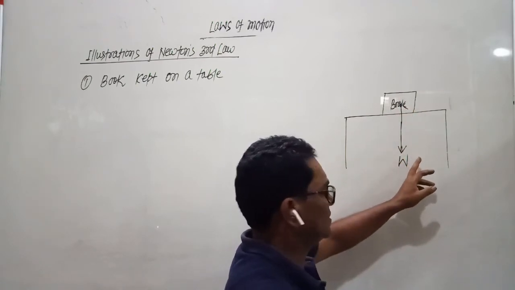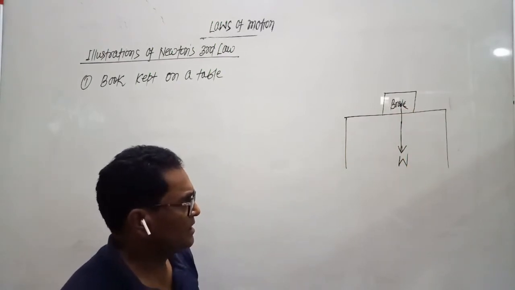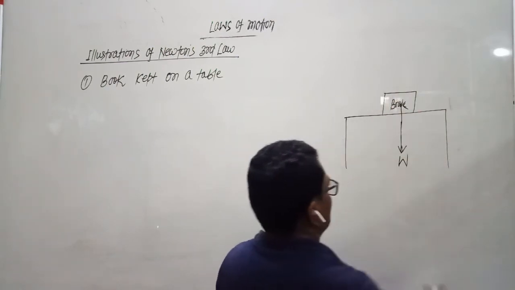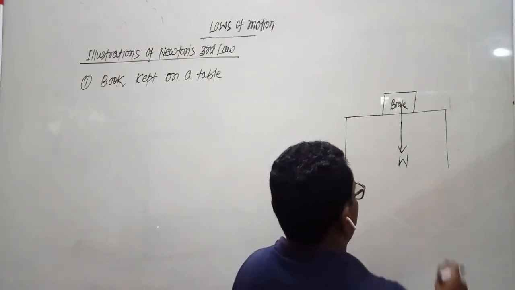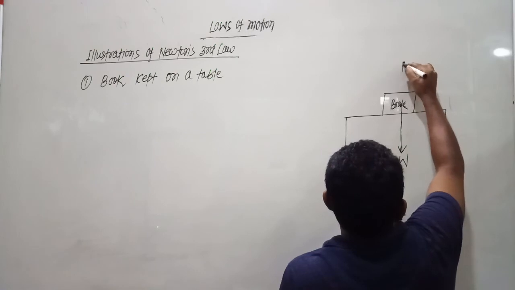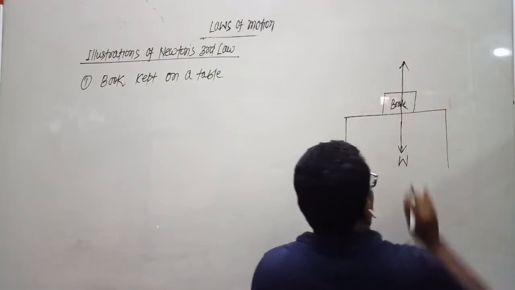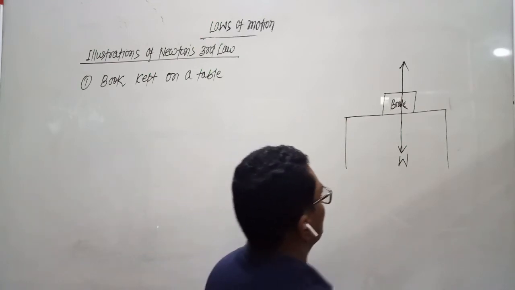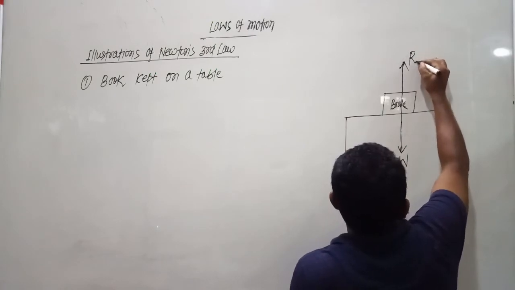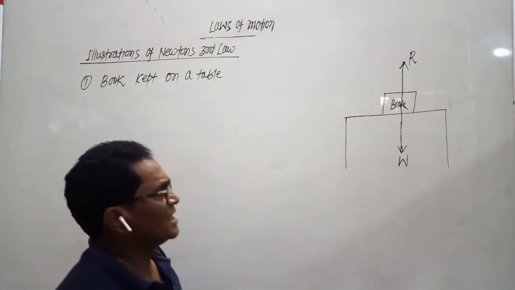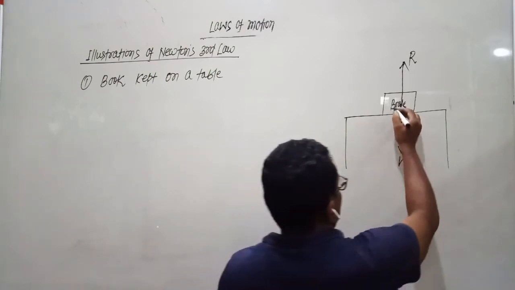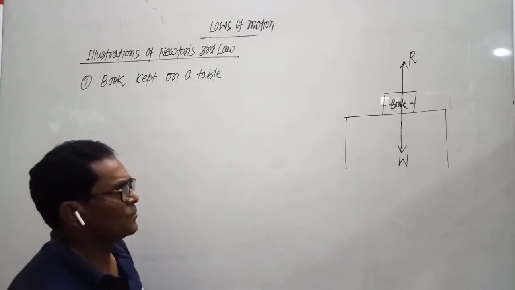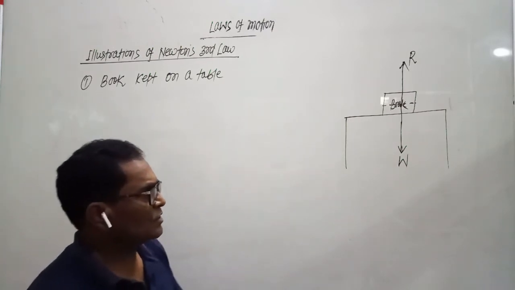The table exerts an equal and opposite force on the book in terms of reaction R. R is called the normal reaction because this reaction acts vertically upward, 90 degrees from the book.